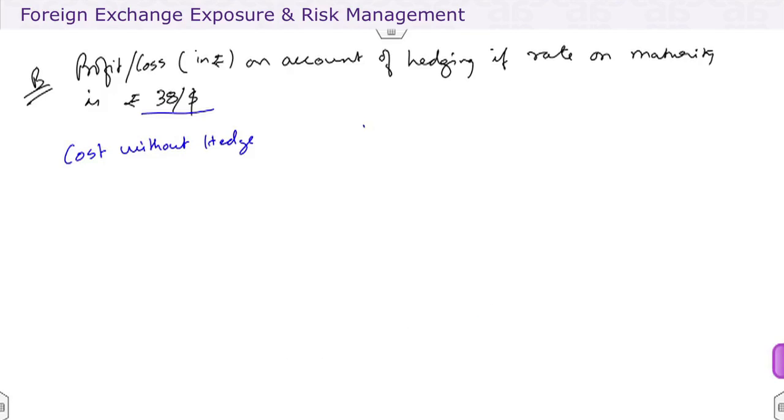So you are paying $50,000 at the rate which is prevailing, 38 to a dollar. So cost without hedge would be rupees 50,000 into 38. Okay, so it comes to 19 lakhs.